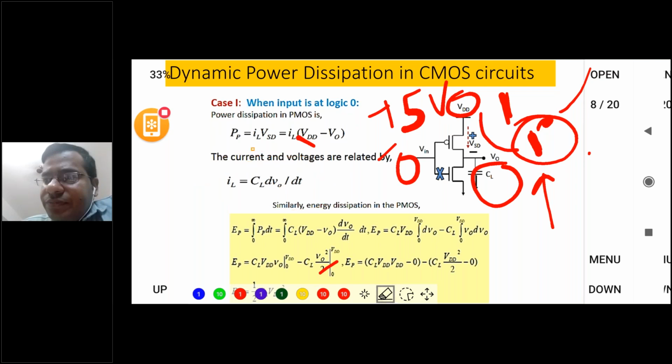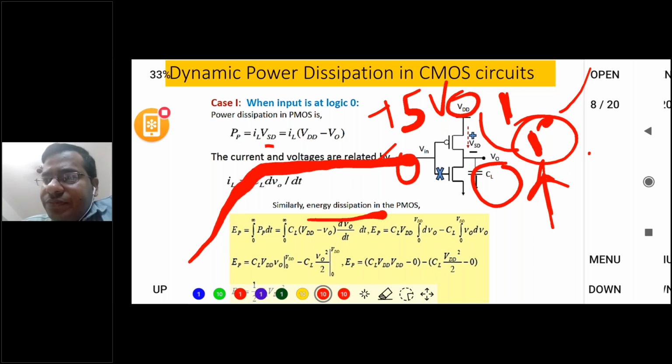We are also capable of calculating the energy dissipation. What is the energy dissipation formula? This is a very general formula. Actually, this is the transient stage. What is the meaning of transient stage? Your node voltage varies with respect to time, because the capacitor is charging until it reaches the higher voltage.